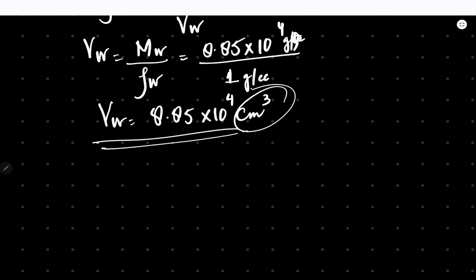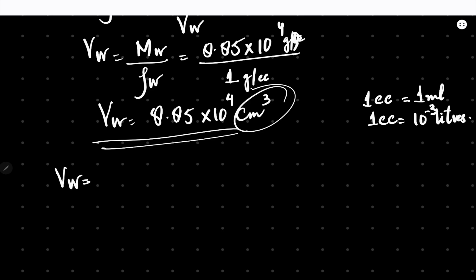Now let me convert it into liters. We know that 1 cc is equal to 1 ml and 1 cc is equal to 10 raised power minus 3 liters. That means the volume of water is 88.5 liters.